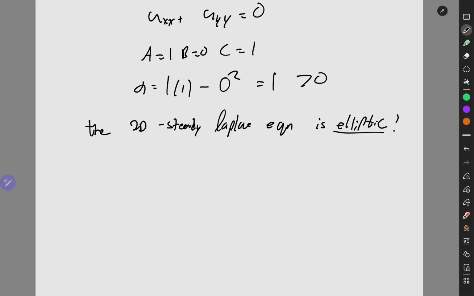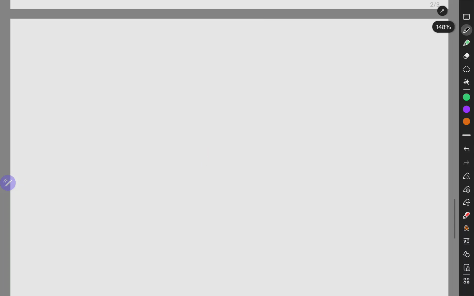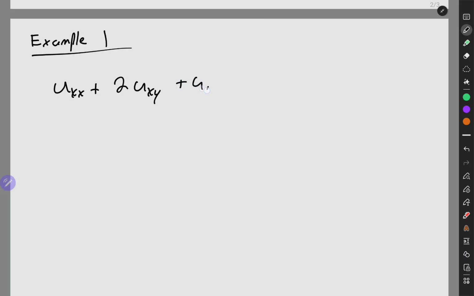Let's look at some other, crazier examples. One example I have is uxx plus 2uxy plus uyy equals 0. For this case, our a is 1, our b is 1.